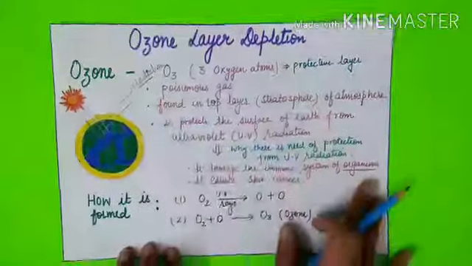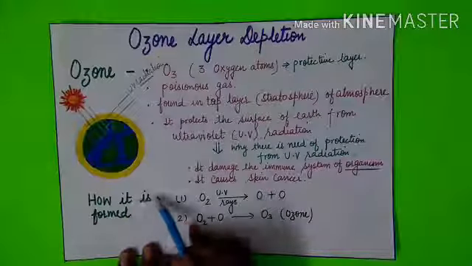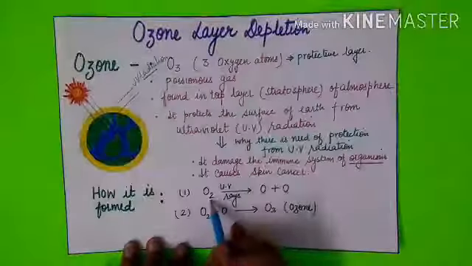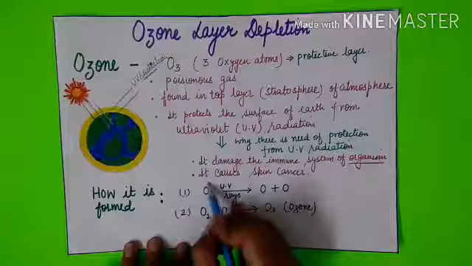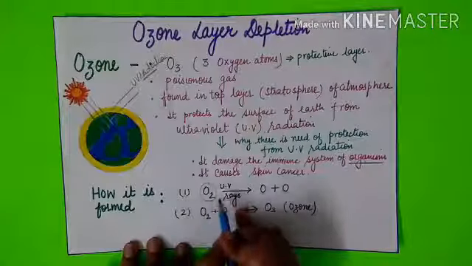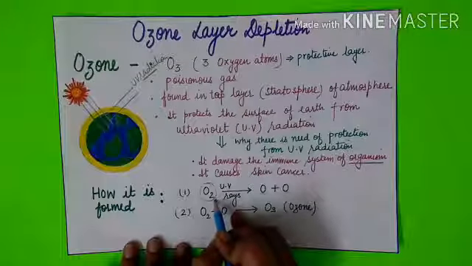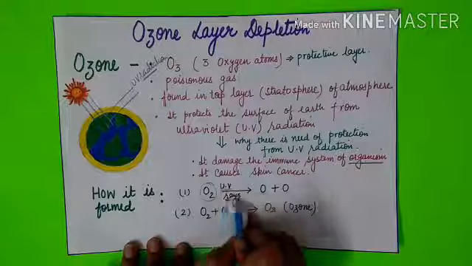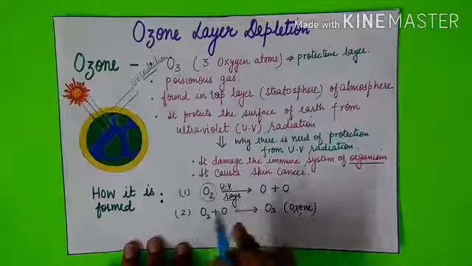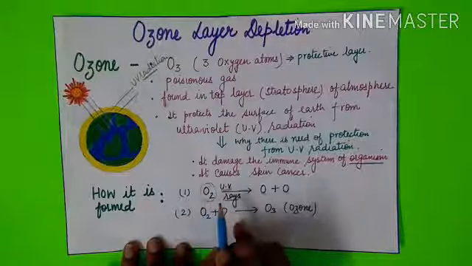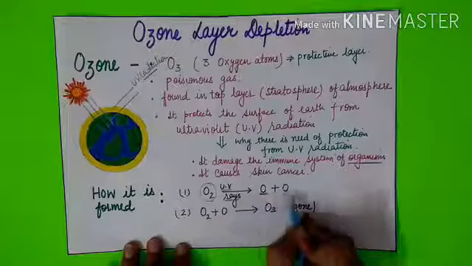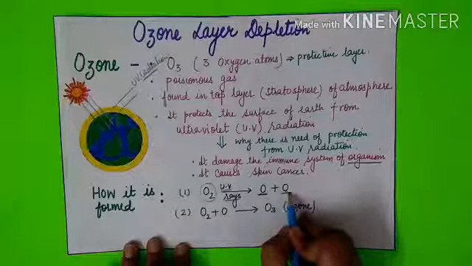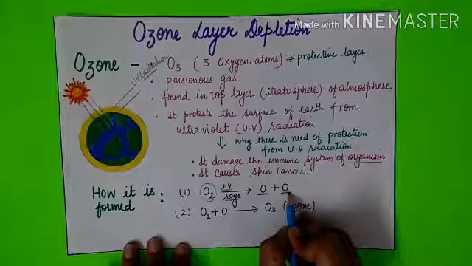Now the next question is, how is this ozone layer formed? As you all are aware, oxygen molecules are always present in the earth's atmosphere. In the presence of UV radiation, this O2 molecule splits into 2 O atoms, and these O atoms are very unstable in nature.